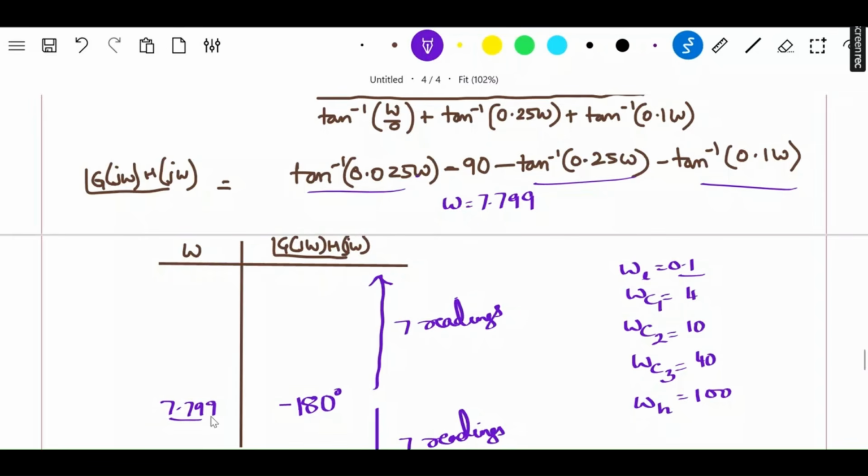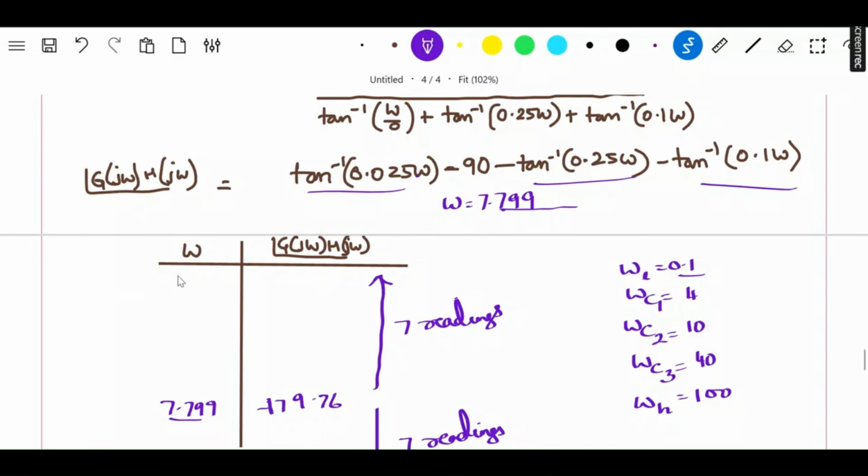Exact 180 is quite difficult to get, because you would need to change digits after the decimal point. But anyway, for 7.799, I am able to get minus 179.76.